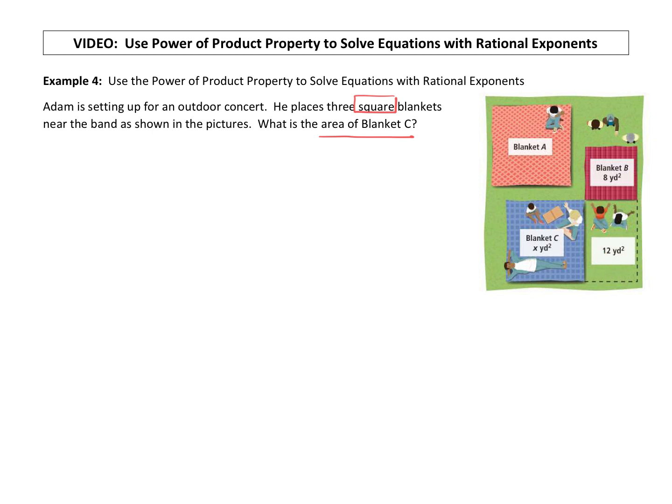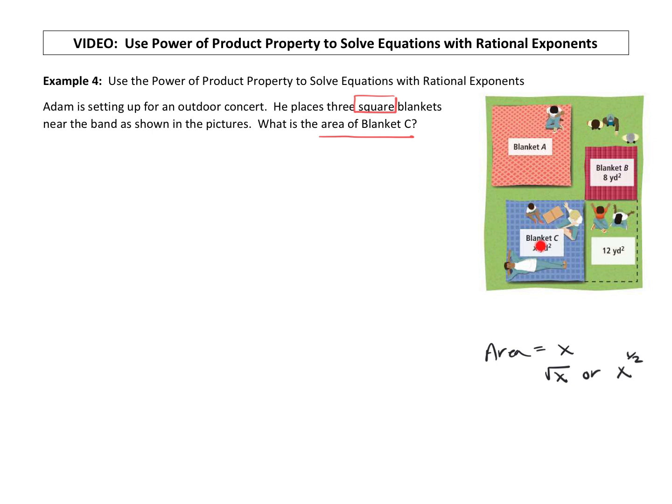So let's just take a look at that blanket C for a second. Because the area is X, we can take the square root of X, or another way to write that is X raised to the 1/2 power, to find each side length. You know, if this area was 25, then it would be a 5 by 5 blanket.